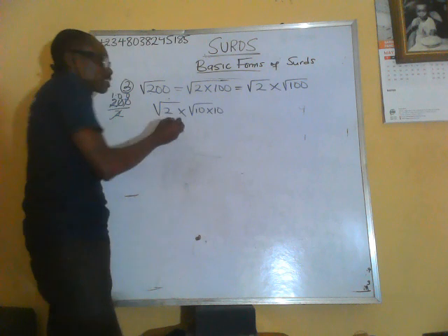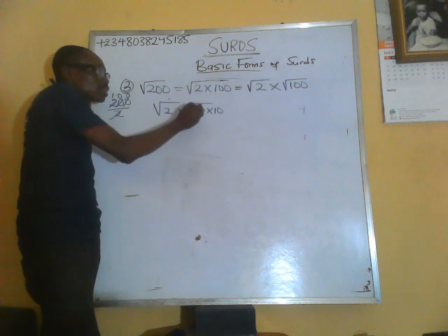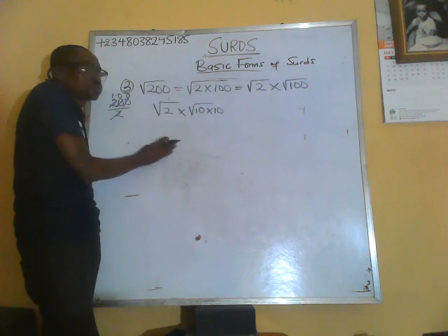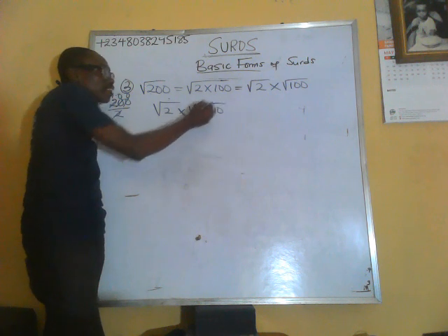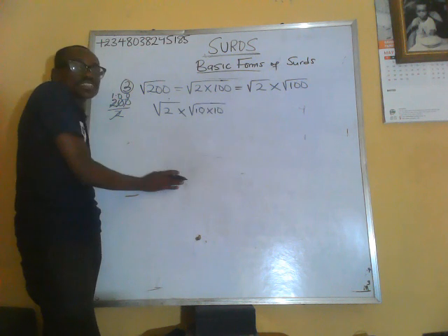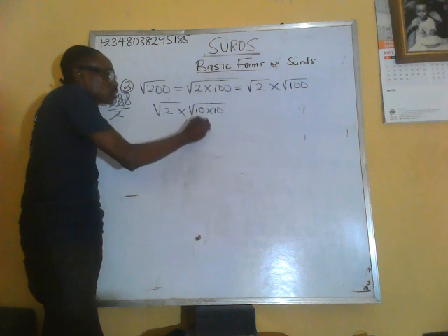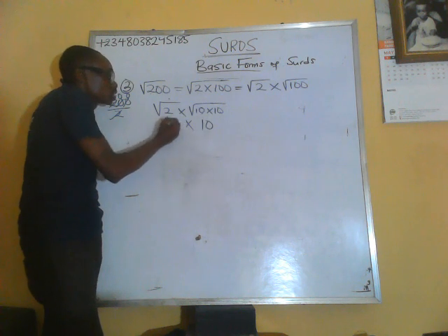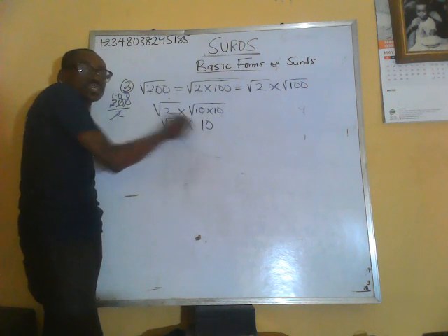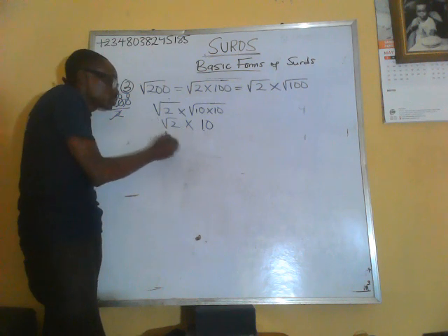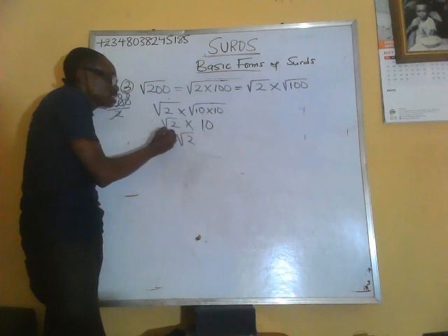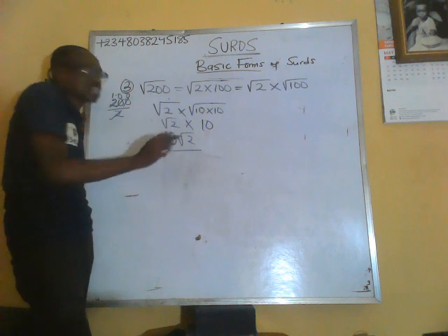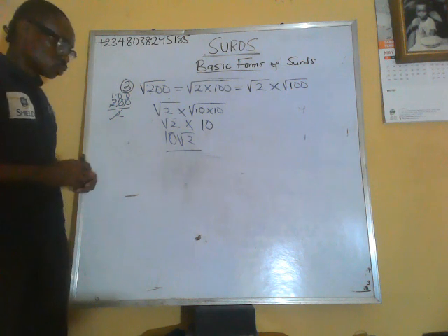So from here, you pick up just one 10. So you have root 2 times 10. Next, you bring the 10 behind the root sign. So you have 10 root 2. So that is the answer. The basic form of root 200 is 10 root 2.